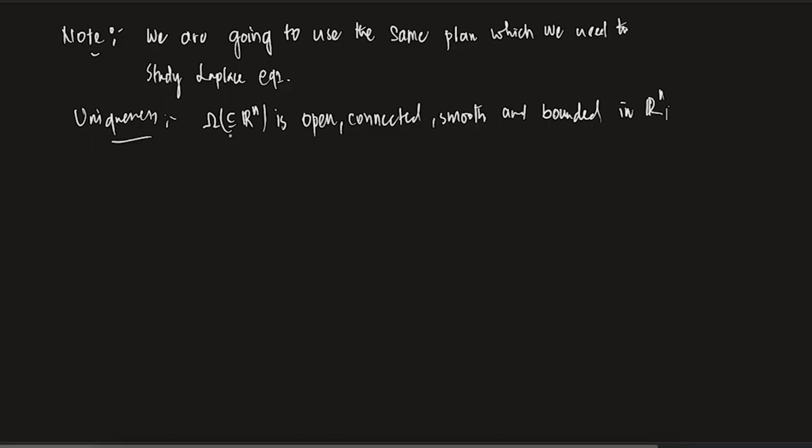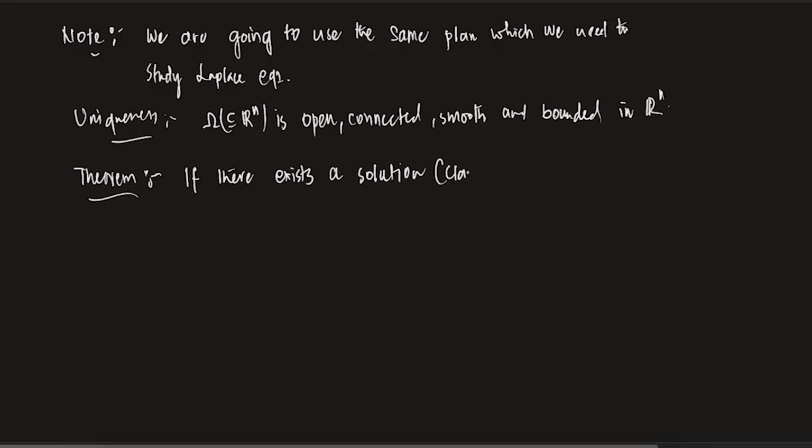So essentially the problem will look like, so consider the problem, or maybe I can write down the theorem first. That will be better, no? Let me write down the theorem first. Theorem: if there exists a solution, a classical solution. Whenever I mean solution, I mean classical solution.